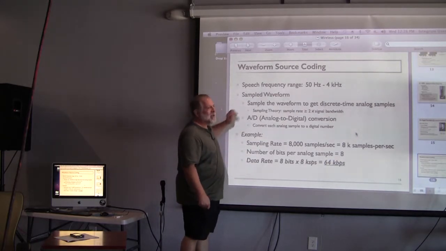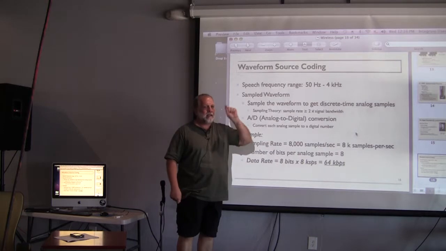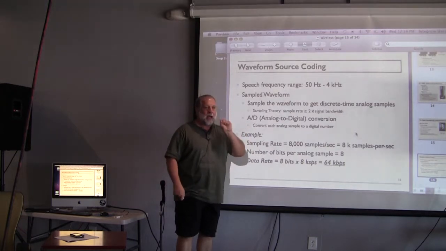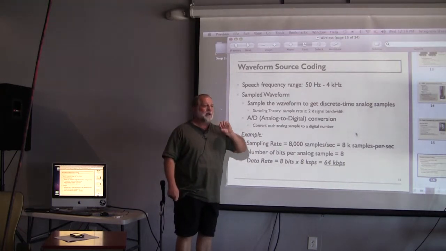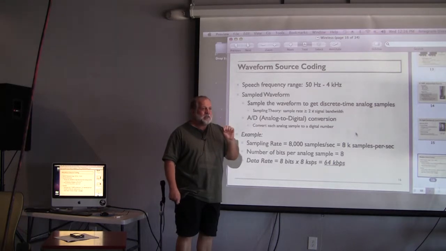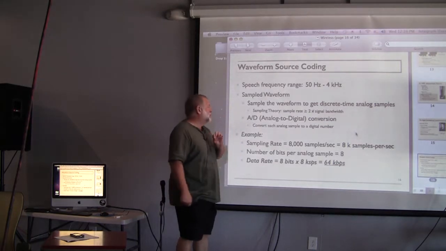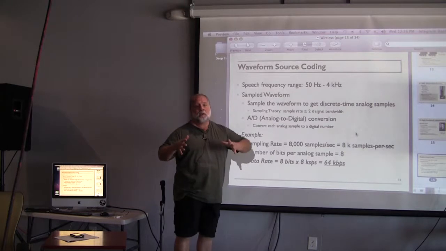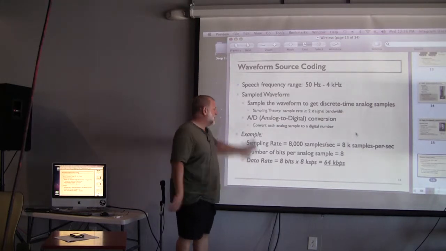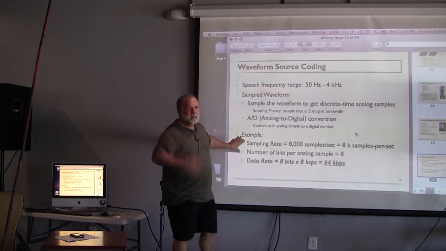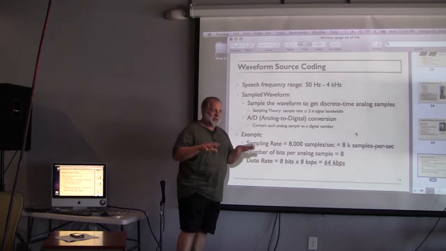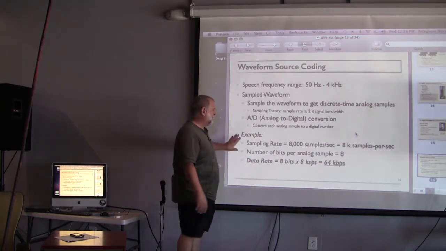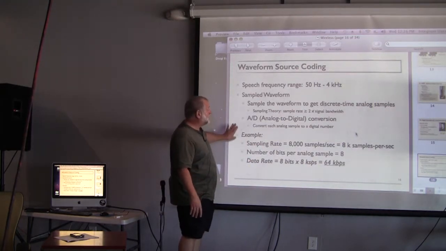And then for each sample, now I don't have bits yet. Each time I sample that waveform, I have a voltage, a real value, not bits. So then I'm going to run those voltages into an analog to digital converter and convert each real number into a finite set of bits, okay? So the old digital telephones, not the wireless ones, but the actual wireline telephones, did exactly that.